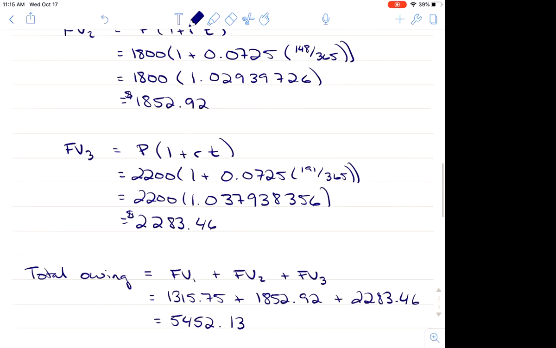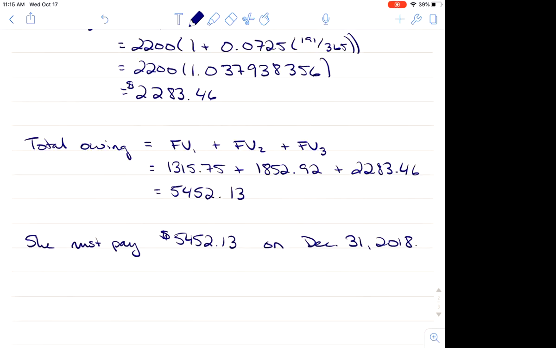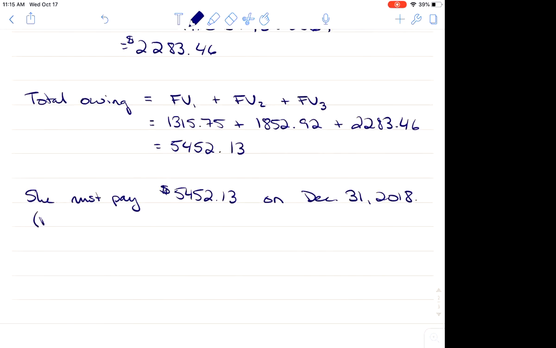So she only borrowed $5,300, right? But she has to pay, so I'll just make a note here because this is why it's important. Borrowed $5,300, but then she has to pay $5,452.13. Could be worse, right?